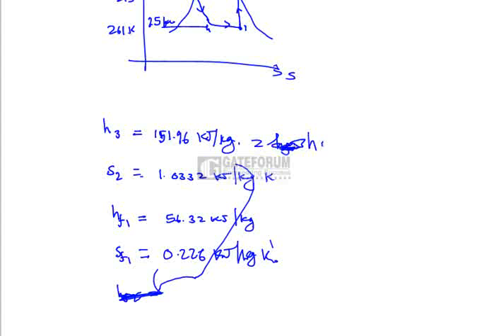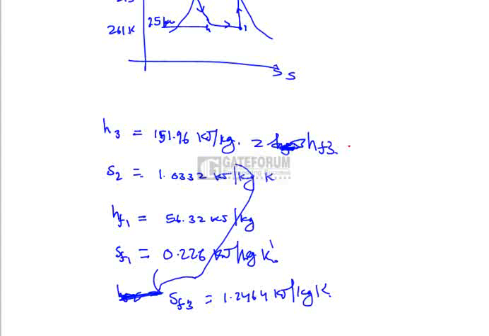So here it is hf3, and let us say sf3 or sf2, which is equal to 1.2464 kilojoule per kg Kelvin.